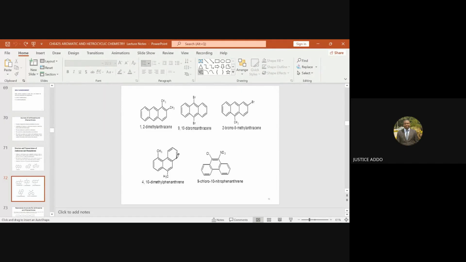Or you can start from here and then you go anti-clockwise. So the number can only start from the two extreme ends. You can start the 1 from here and go clockwise, or start from here and go anti-clockwise. But the question is, in which of them will you get the least position for the substituent? And that's the most appropriate one.